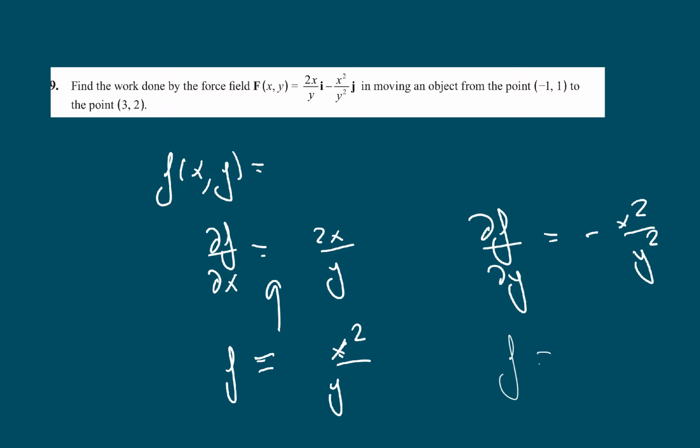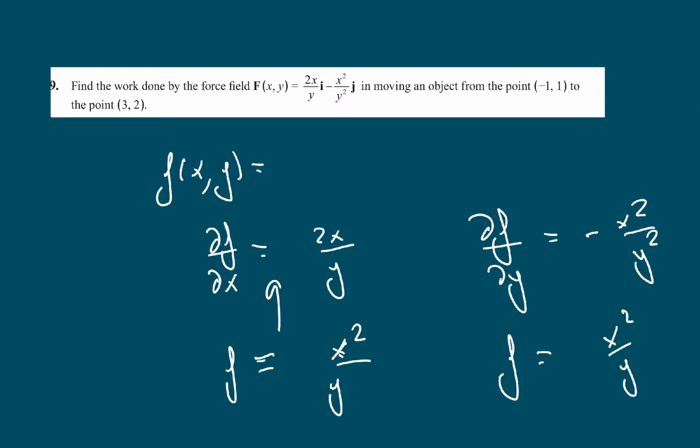And for the y condition it will be the same: x squared divided by y, because the partial derivative with respect to y gives minus x squared divided by y squared. So this function will work as a potential function.